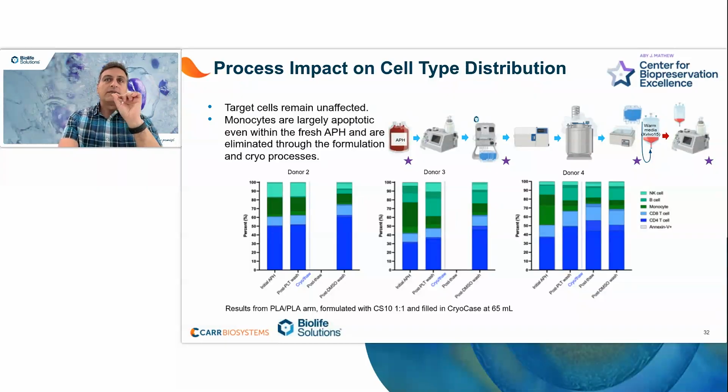And if the target is to recover NK and B cells from the frozen Leukopak, there might be more tweaks and optimization that is needed to basically turn the dial to optimize that for the NK and B cells versus T cells. Happy to chat further with any interested parties afterwards.